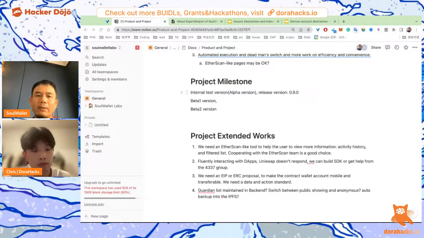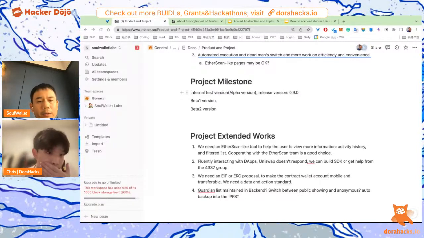And SoulWallet comes from Vitalik's idea and has the Ethereum team's support. You can see what I shared in the project milestone. The first is that we build a decentralized, permissionless wallet, so everybody can enter Web3 with a Web3 account.